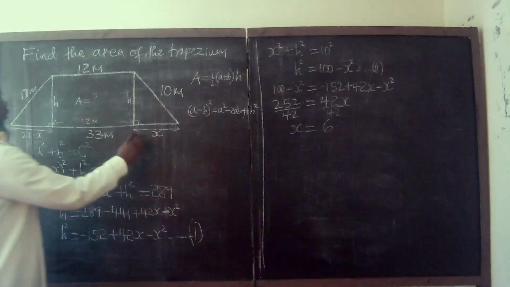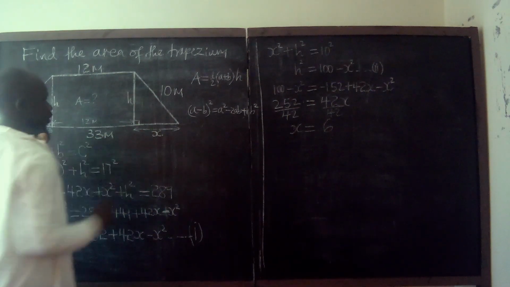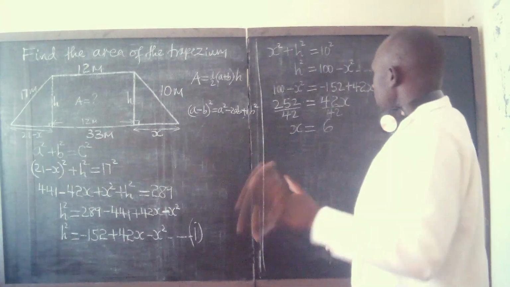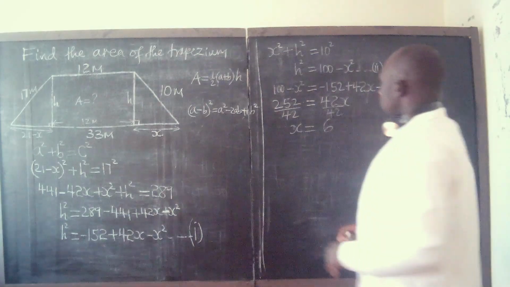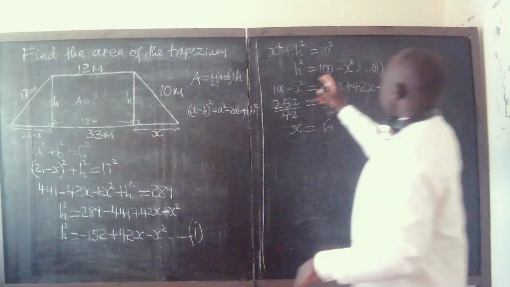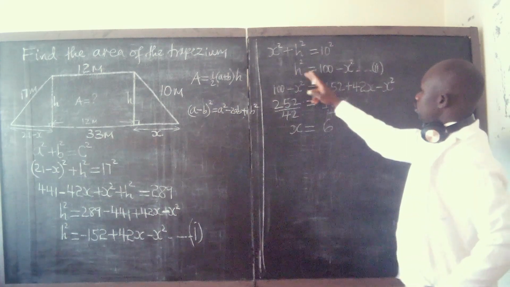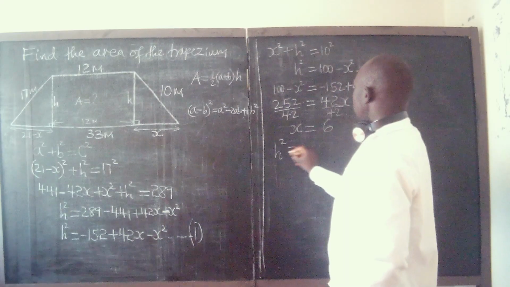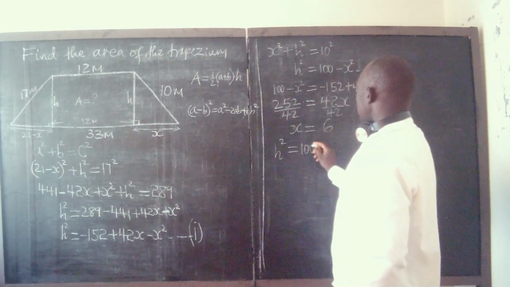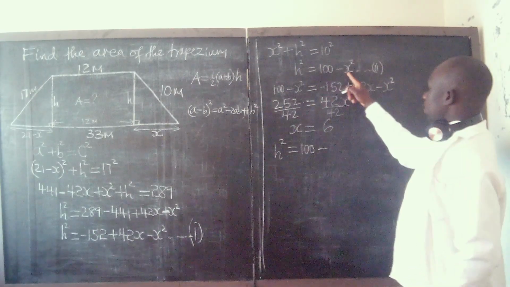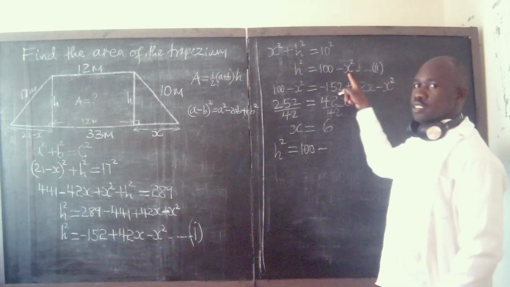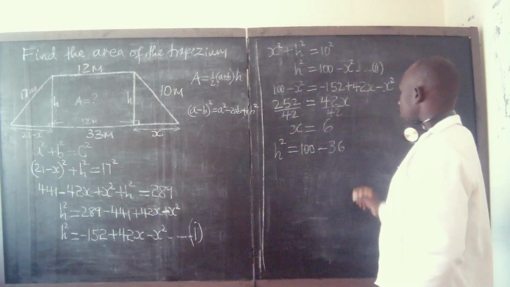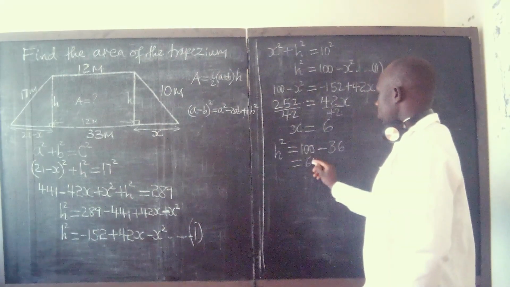But our interest is to get h. That is our main interest, nothing else. So we can take one of the equations that we formed and find the value of h. Here we can take the second equation. h squared is equal to 100 minus x squared. x is 6, so 6 squared is 36, and 100 minus 36 gives 64.